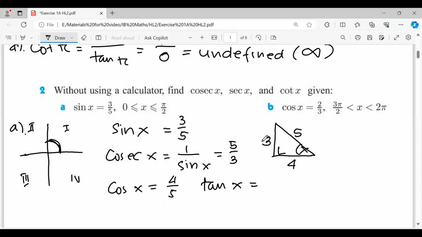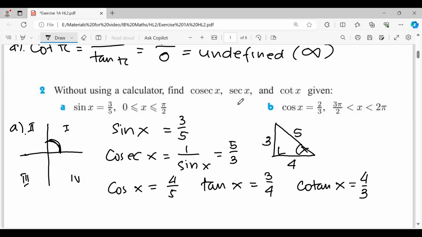But I would like to use 3 over 4. So how about cotangent? Cotangent is inverse of tangent, or the opposite of this fraction, 4/3.